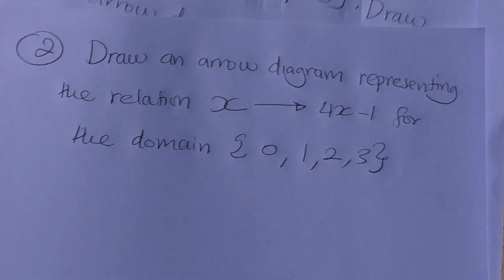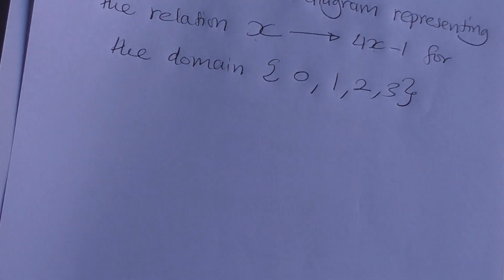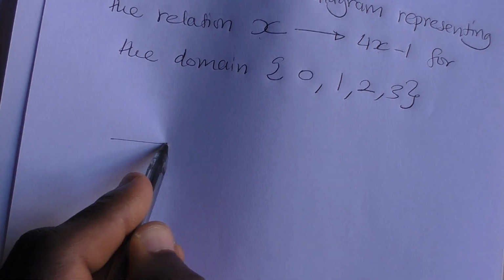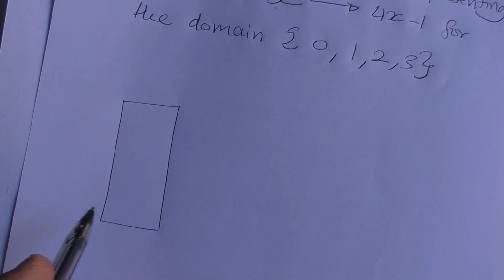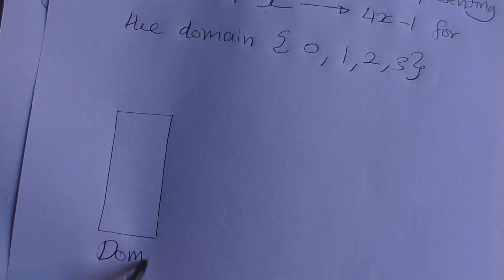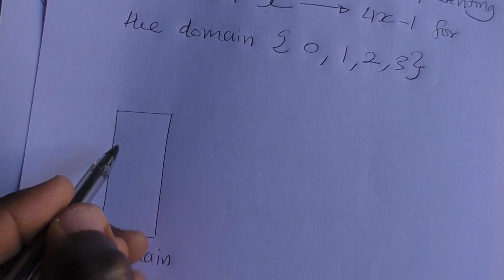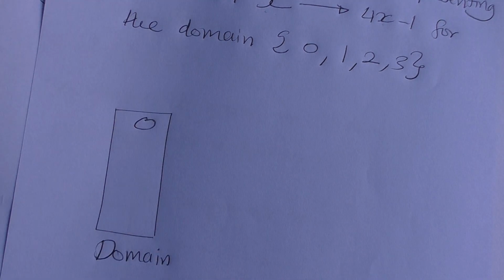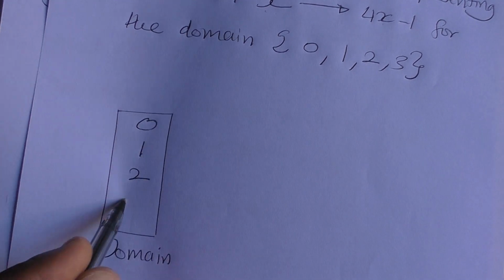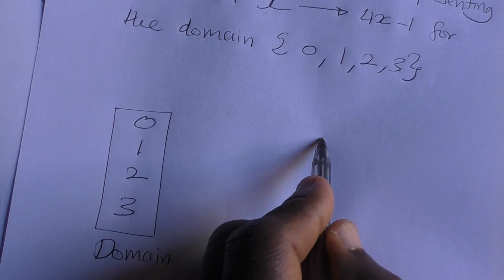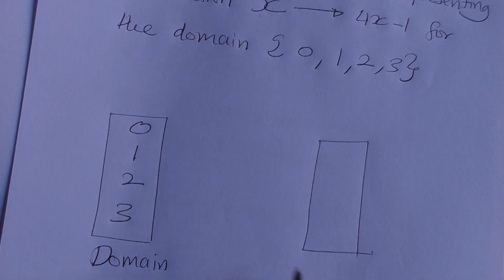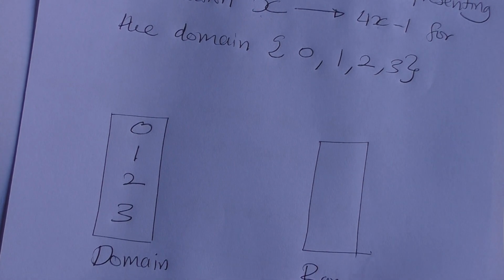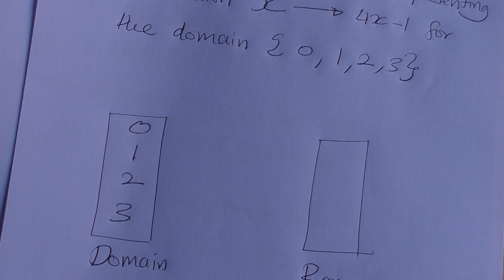So we are given the domain. Our domain has 0, 1, 2 and 3. We are supposed to have the range. How are we going to get the range?